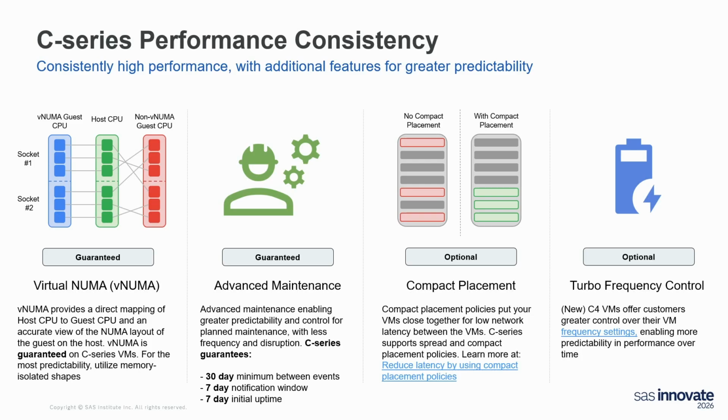You boot up a C4 VM, and you know that within the first 7 days, there will be no maintenance tasks ever for that instance. After 30 days, at least, we'd have to give a 7-day notification window before anything comes up. So you have expectations. With the N-Series, for example, you get that cost optimization, but you don't necessarily get these guaranteed maintenance requirements.